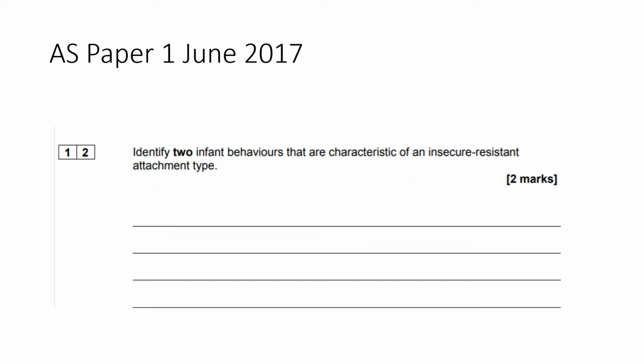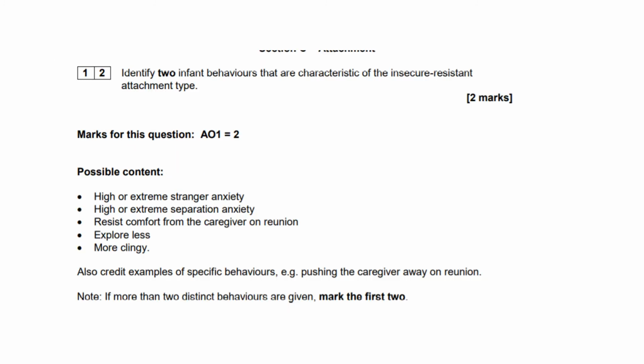Furthermore, we've got AS Paper 1 from June 2017. Identify 2 infant behaviours that are characteristic of an insecure resistant attachment type. I'd say that's quite nice. That's AO1. You've just got to put down the behaviours of insecure resistant. And that's what we've been looking at. So on your mark scheme, you can see here high or extreme stranger anxiety, high or extreme separation anxiety.